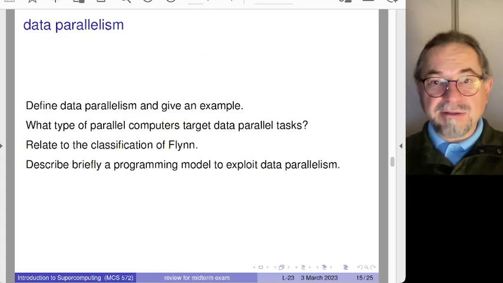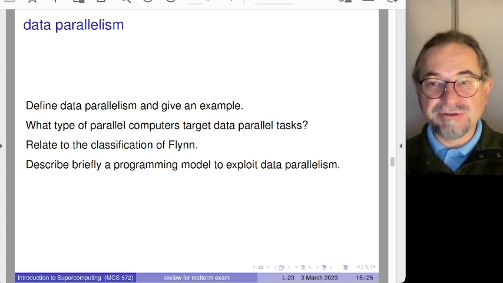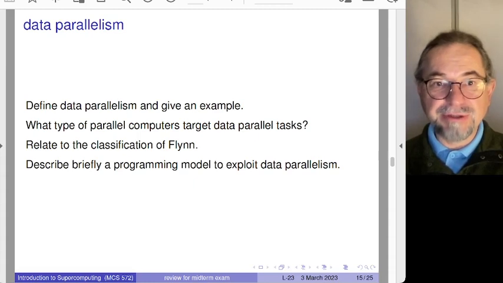Okay, so last question, or I would say last question of prelim type. Define data parallelism. What is data parallelism? What type of parallel computers do data parallel tasks? And also relate your explanation here to the classification of Flynn and describe a programming model that exploits data parallelism.